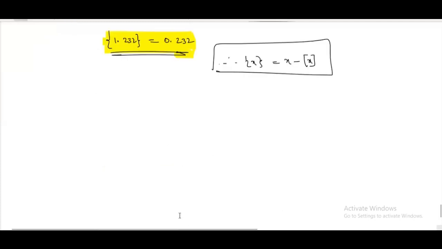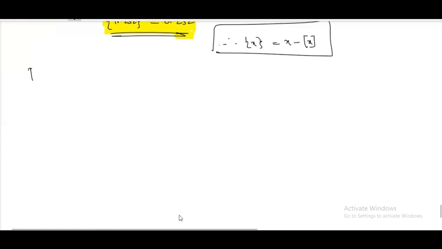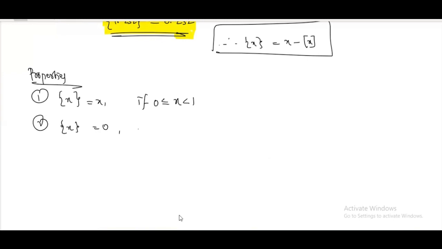Property number 1: the fractional part of x is equal to x if x lies between 0 and 1, that is, greater than or equal to 0 and less than 1. The fractional part of x is 0 if x belongs to the integers. For example, if x is equal to 1, we can write 1.000, so its fractional part will be 0 only.